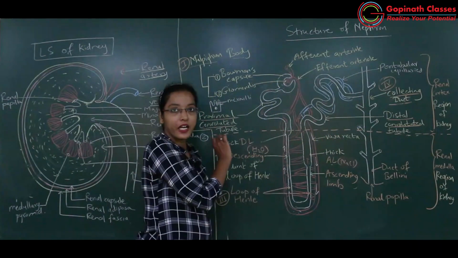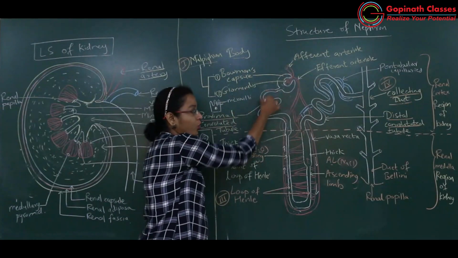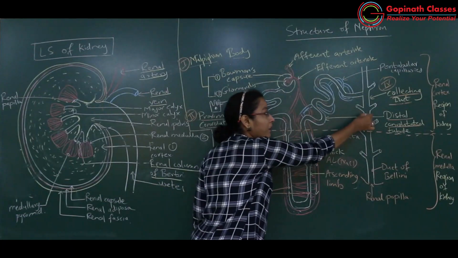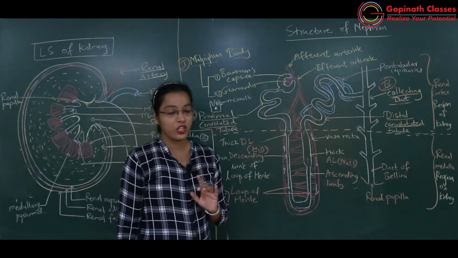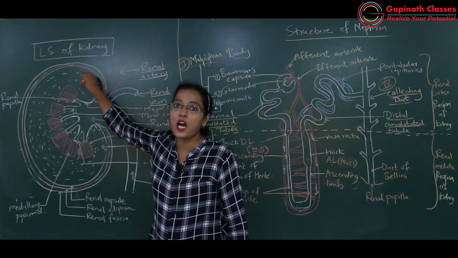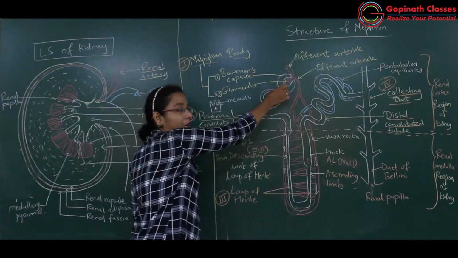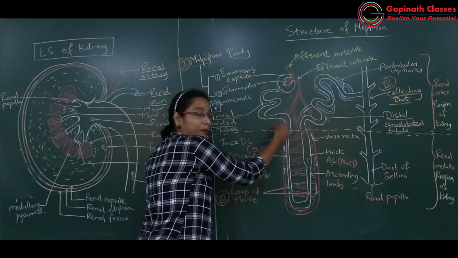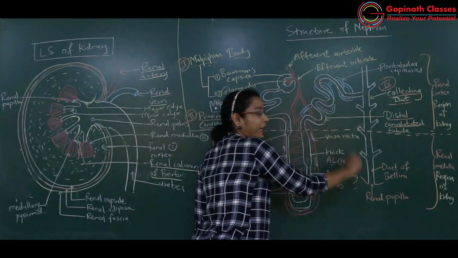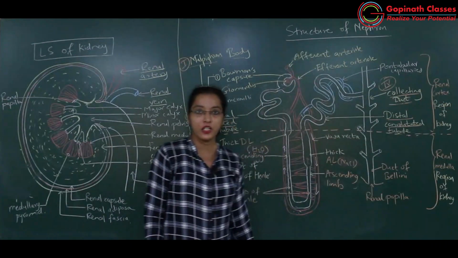The Malpighian body, proximal convoluted tubule and distal convoluted tubule, and some part of the collecting duct. So the renal cortex means this part. Why is the renal cortex dark red in color? Because it has the Malpighian body, the convoluted part of the proximal convoluted tubule and the convoluted part of the DCT, and some part of the collecting duct.